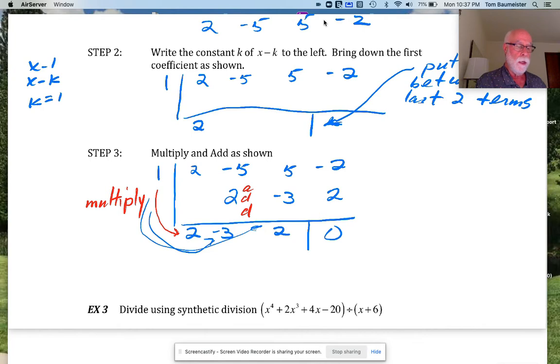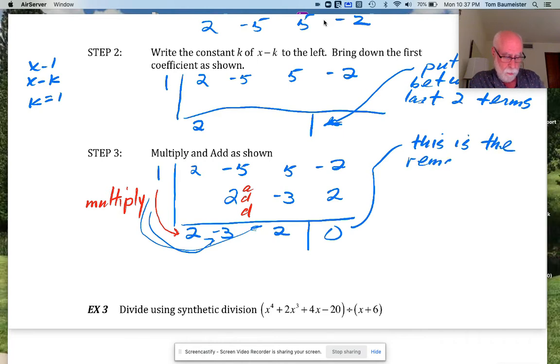The last one after that bar is the remainder. Here's an important point.